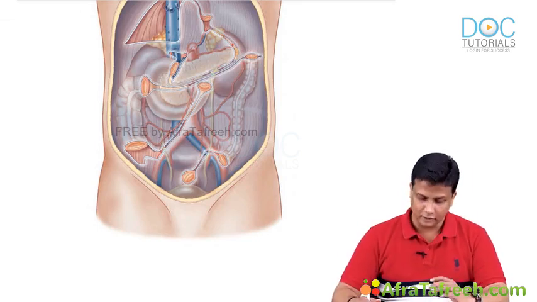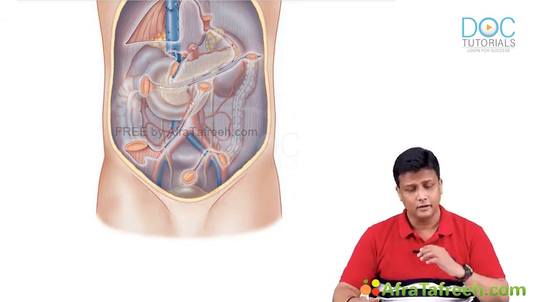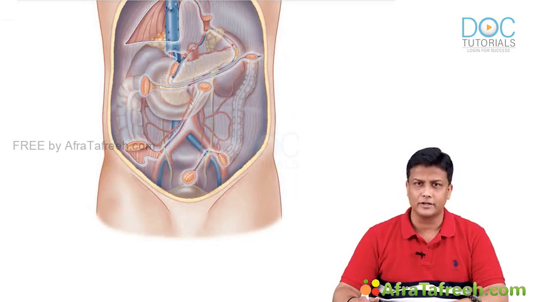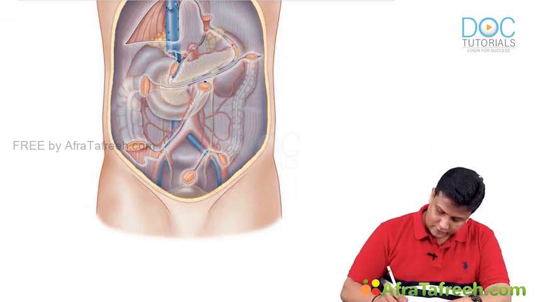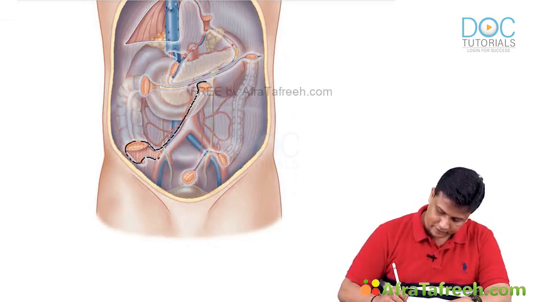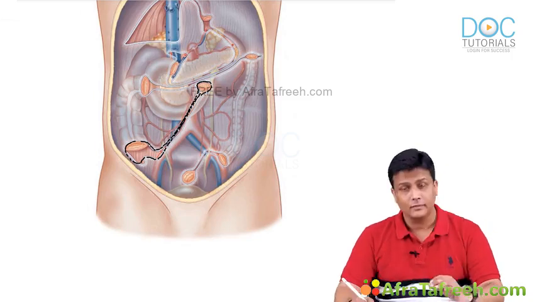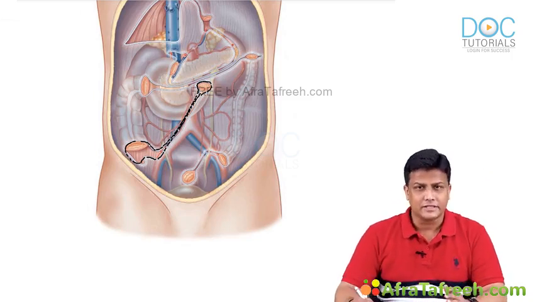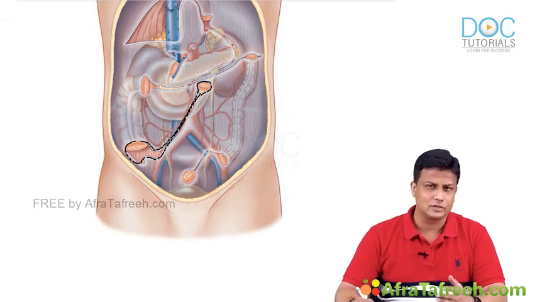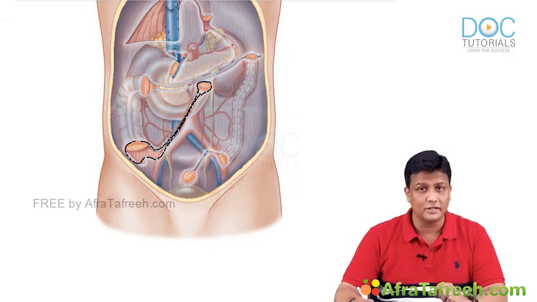Similarly, you are actually able to appreciate even the reflection of the peritoneum for the small intestine also. So here you are able to see the small intestine has been removed here, and this is the reflected part of the peritoneum, and this is the one which is actually referred to as the root of the mesentery. Mesentery is the one which is holding the small intestine. So that is the root of the mesentery.